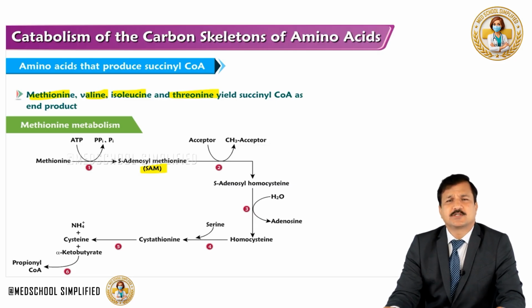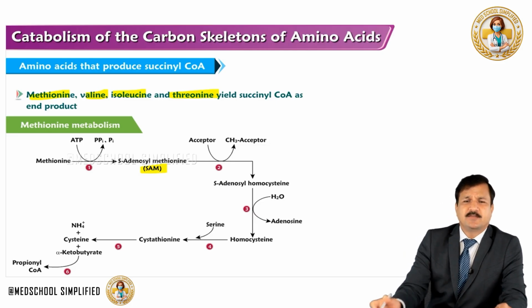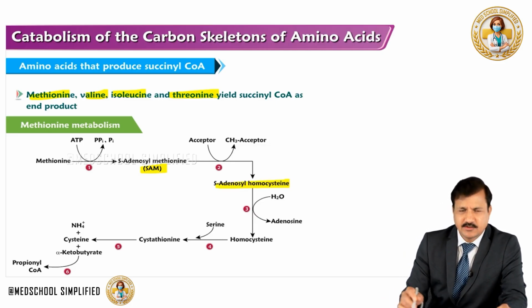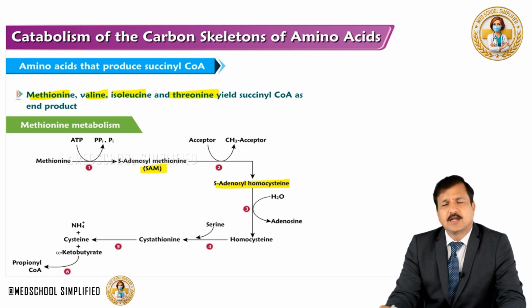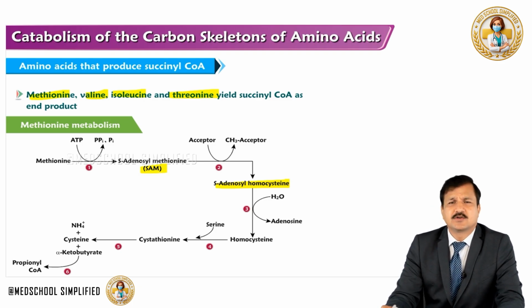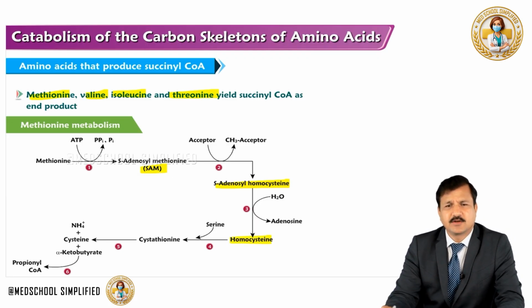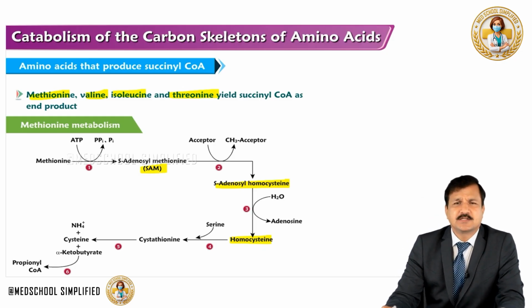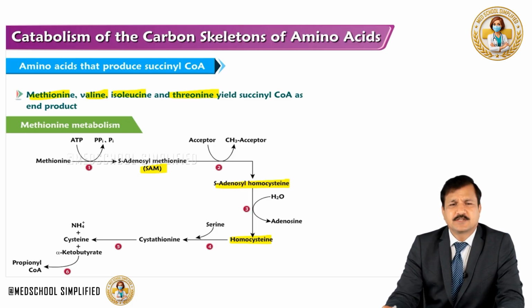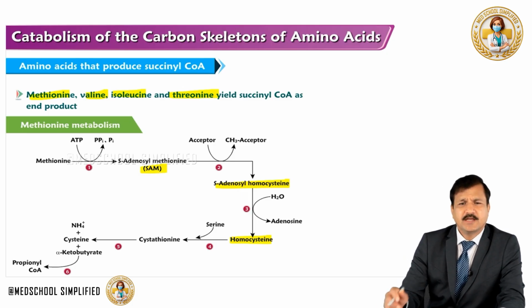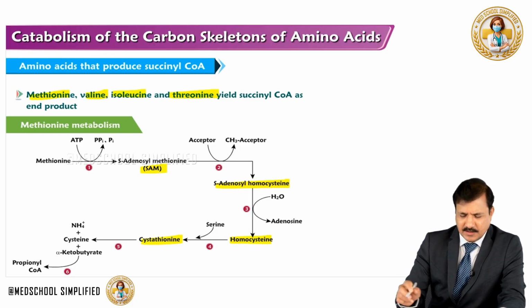Once the methyl group is donated, S-adenosyl-methionine is converted into S-adenosyl-homocysteine. Then S-adenosyl-homocysteine undergoes a hydrolase reaction where adenosine is released and homocysteine comes out of the reaction. Now, homocysteine gets a carbon skeleton from serine to make cystathionine.